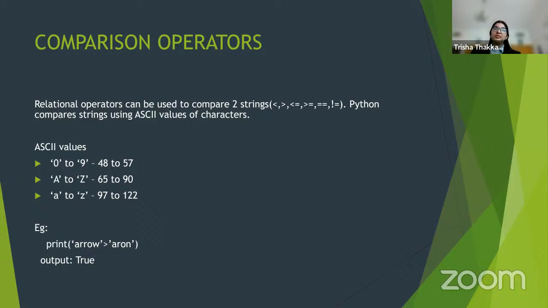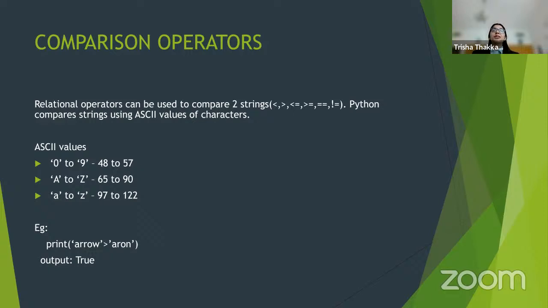Comparison operators. Relational operators can be used to compare two strings. This includes the greater than, greater than equal to, less than equal to, or not equal to signs. Python compares the strings using their ASCII values. And the most common ASCII values used are 0 to 9 is 48 to 57.